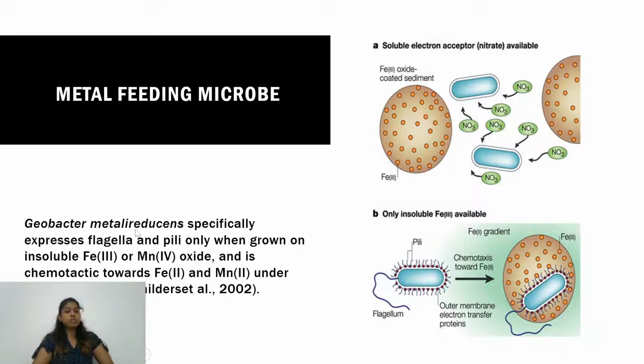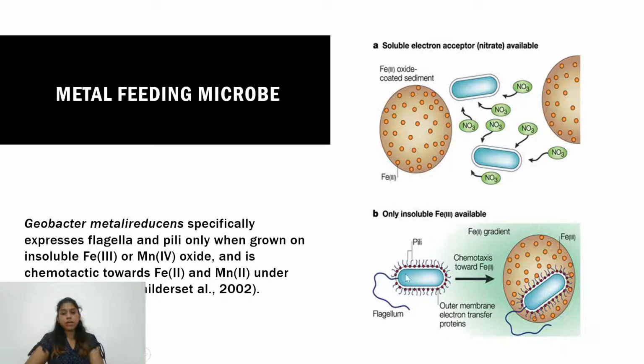So it helps in the conversion of this, and it grows specifically when grown only on the insoluble forms of this ferric and manganese oxides, and they help in conversion of them into soluble components. So chemotactic means they move towards that particular component. So here we can see that they do not grow in the presence of others, and they grow only in the presence of insoluble Fe.